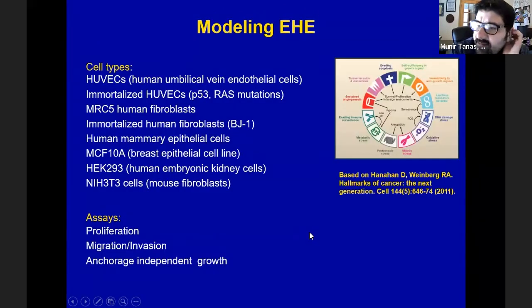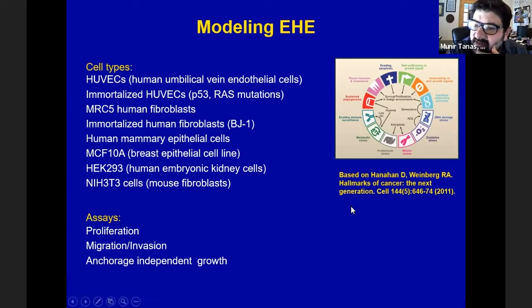One of the challenges when first studying EHE, about 13 years ago now, is that we didn't really have great models of EHE to dissect the function of these fusion proteins.